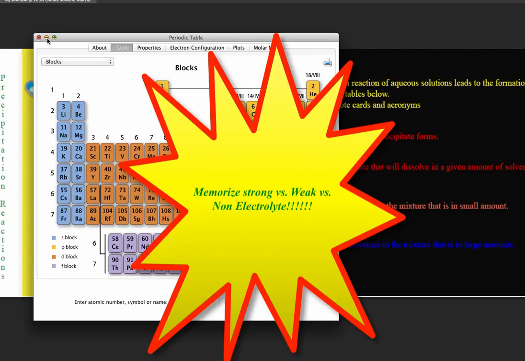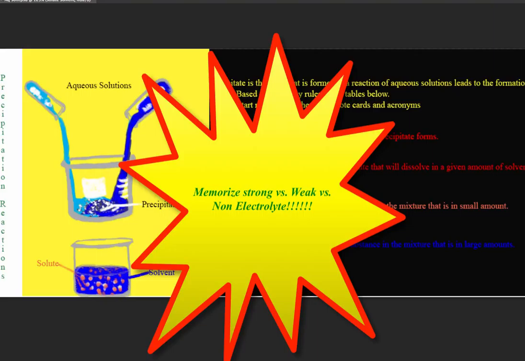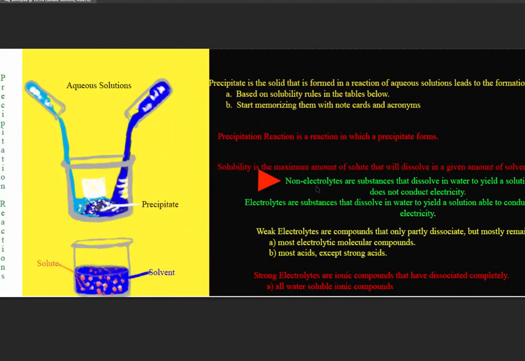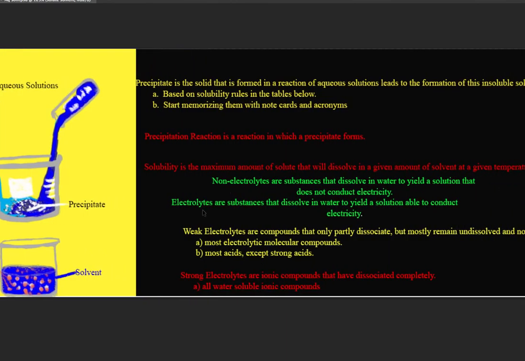So, some of the binary acids, for instance, are water soluble and will dissociate completely. So let's take a look at that. Non-electrolytes are substances that dissolve in water to yield a solution that does not conduct electricity, whereas electrolytes, when dissolved in water, give you a solution that is able to conduct electricity.